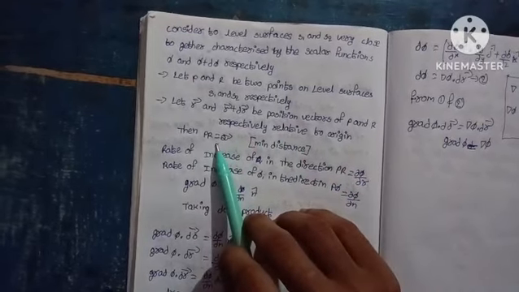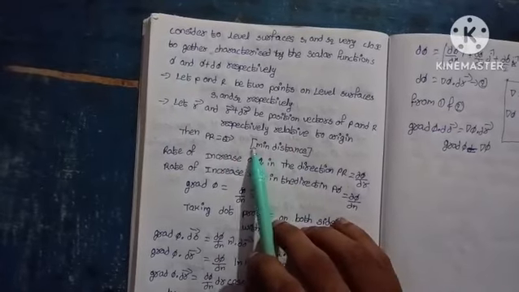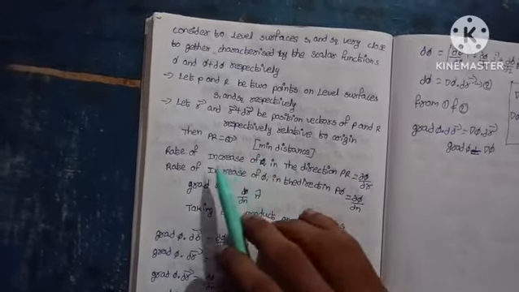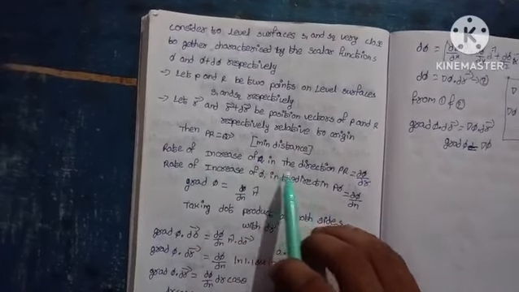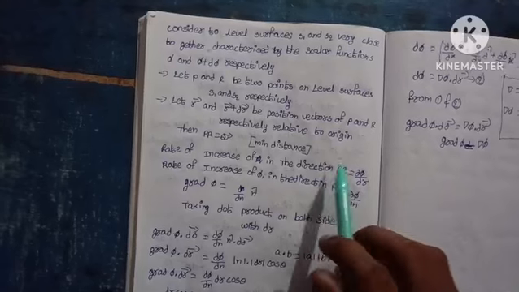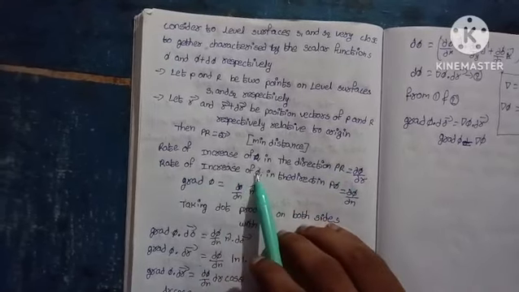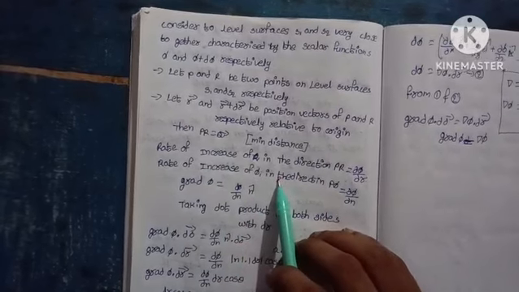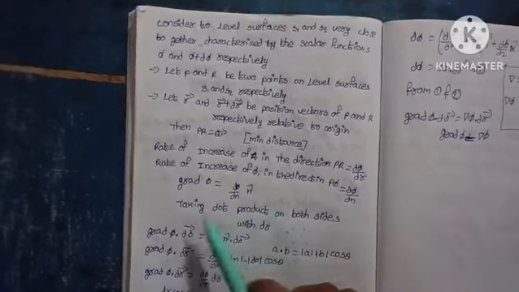Then PR equals dr bar, and Q is the minimum distance. Rate of increase of phi in the direction PR equals dou phi by dou r. Rate of increase of phi in the direction of PQ equals dou phi by dou n.